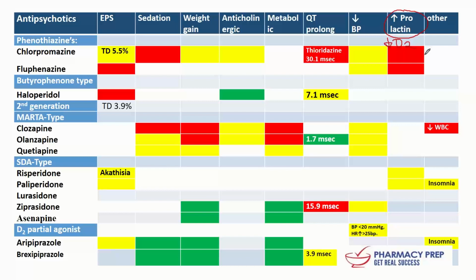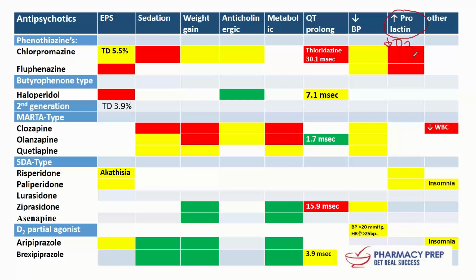That is also known as hyperprolactinemia, or galactorrhea, which sounds like diarrhea. So galactorrhea comes because of the D2 receptors.